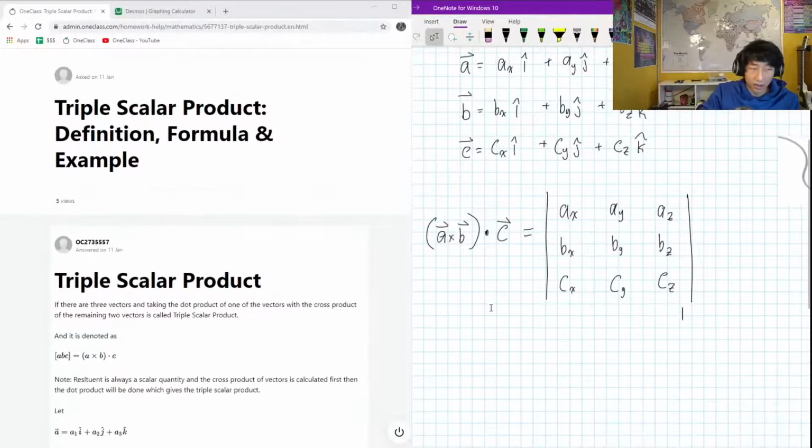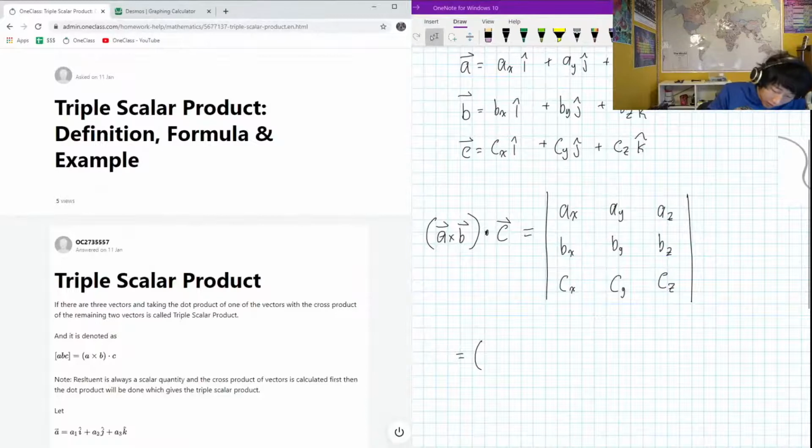And to find the determinant, we will do the following procedure. By the way, the result of this is always going to be a scalar. So keep in mind, triple scalar product, the result is going to be a scalar. So don't worry about the I, J's, and K's. We're just going to multiply along the diagonals and add them all up, and then the opposite direction diagonals and add them up as well.